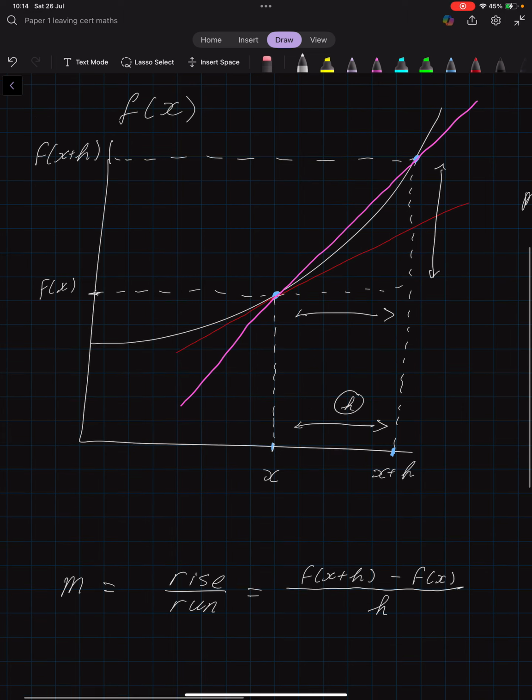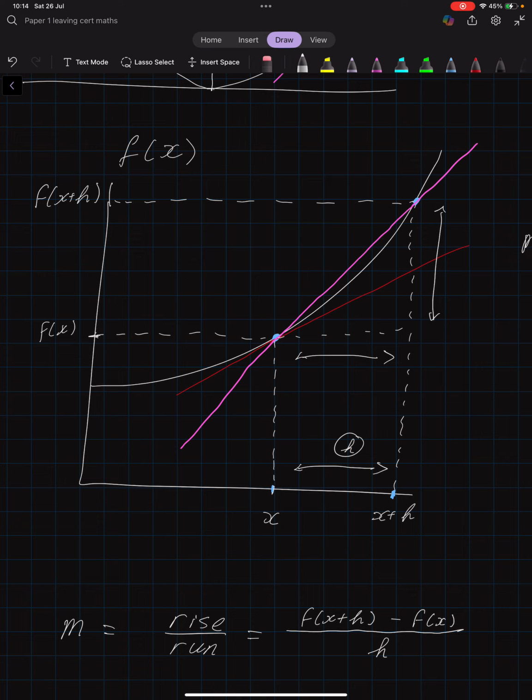Great. The problem is that the slope of this pink line is not the same as the slope of the red line down here.